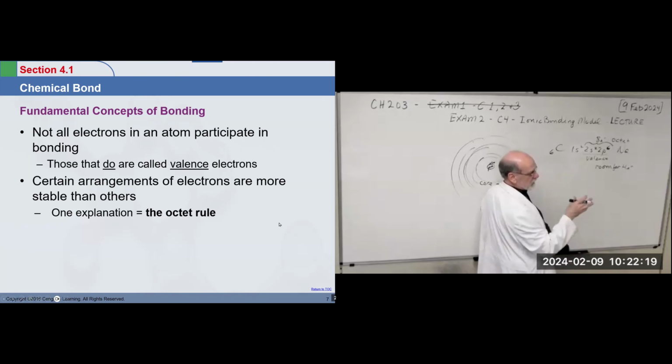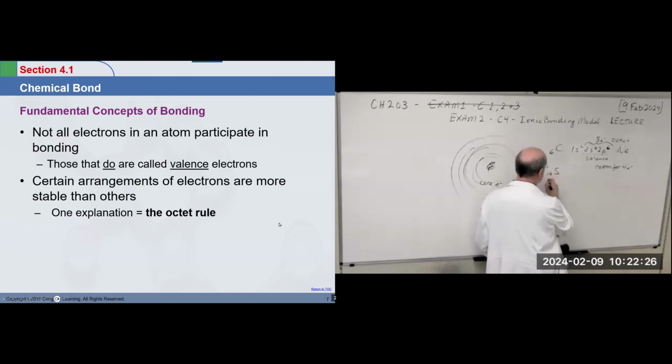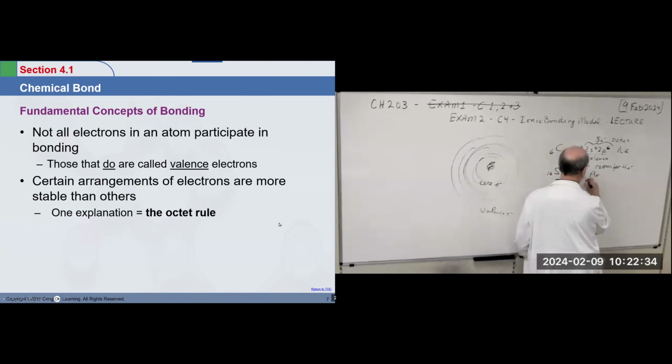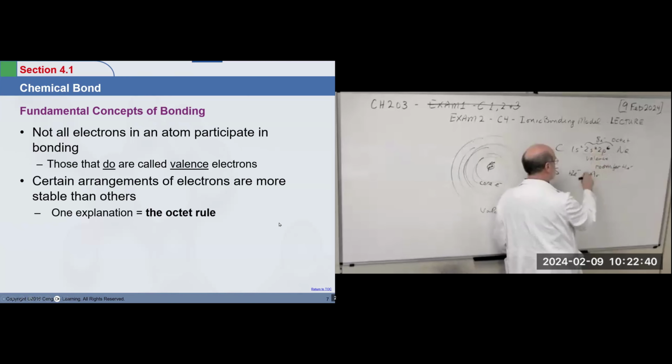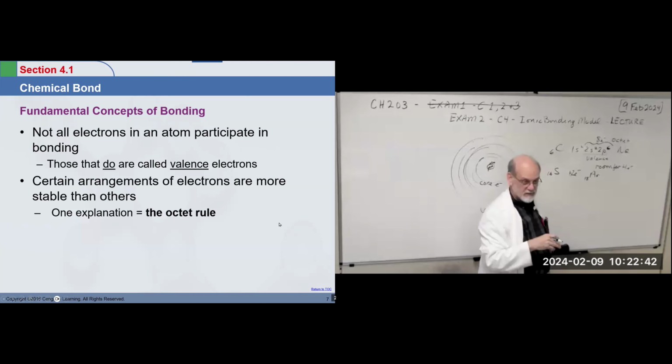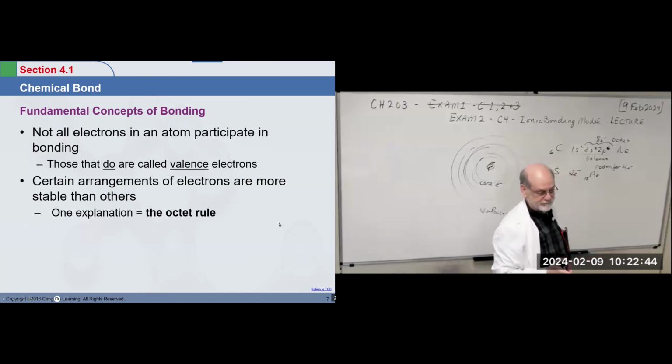If it were something like sulfur, sulfur would have 16 electrons. If it had 2 electrons added to it, it would look like argon. And it would have a completed octet. It wouldn't be a 2s2p, it'd be a 3s3p. But it'd be a complete octet.